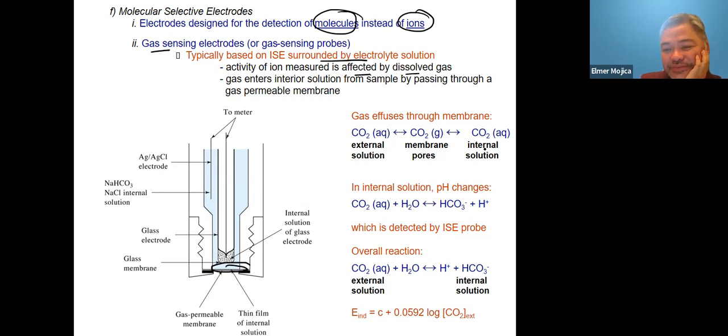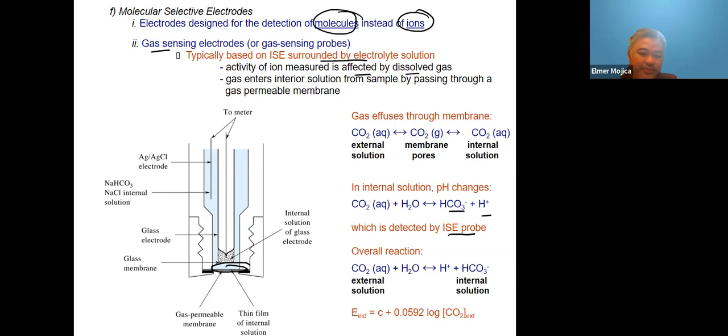And what happened? Since meron kang bicarbonate doon, yung CO2 mo mag-react with water to produce bicarbonate ion and an H+. And this can be detected by your ISE. So any changes that you have there, malalaman kung marirelate mo doon sa amount ng CO2.